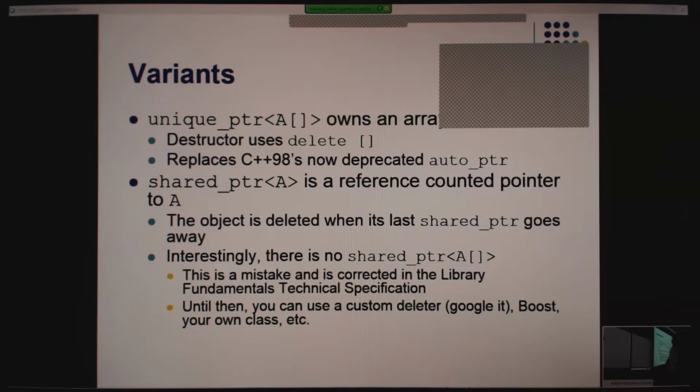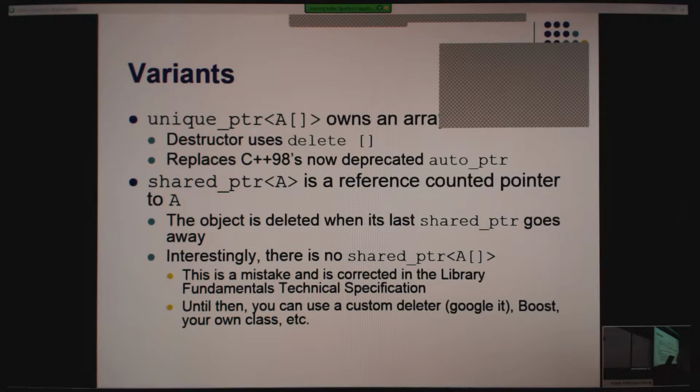If you want to use a unique pointer that points to an array, you can say unique pointer angle brackets A square bracket, because for raw pointers, you'd use an A star for both an array and an A object, but for smart pointers, you definitely don't want to do that. So a unique pointer says, I have sole ownership of this object. I'm the unique owner of the object, so when I don't need it anymore, it's safe to delete.